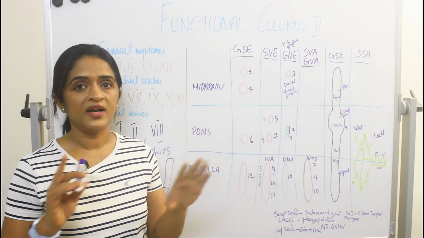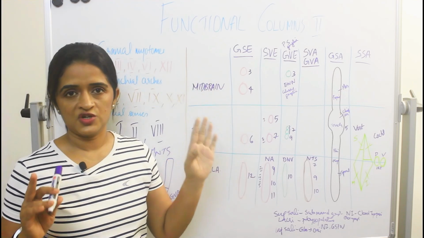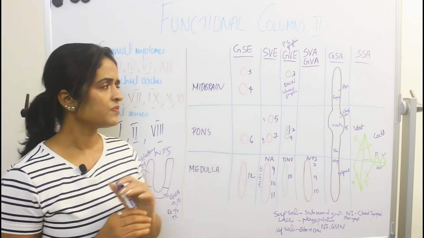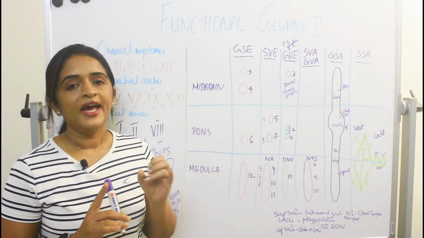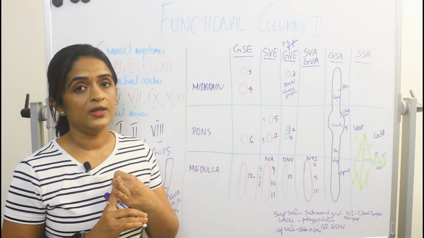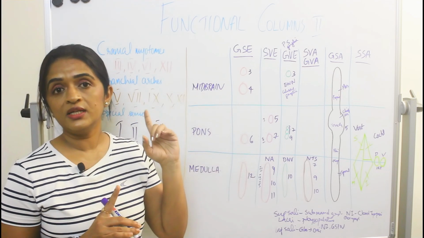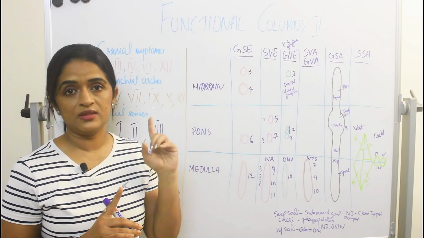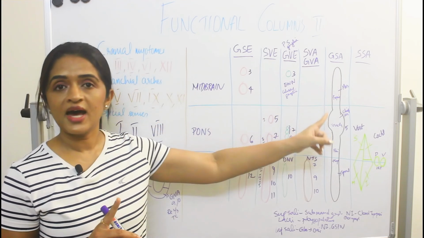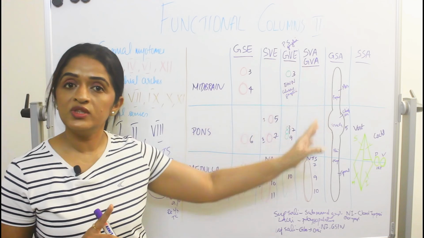Always remember, 1 and 2 are not coming in the functional columns of the brainstem. Another important thing is that the nucleus of the fifth cranial nerve, the trigeminal, has an extension throughout the brainstem.